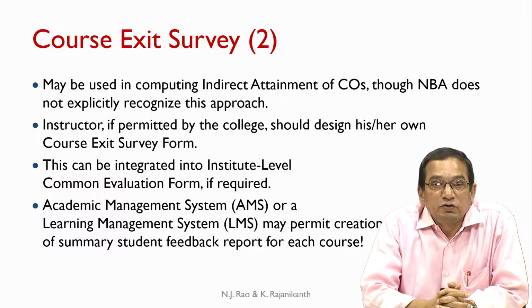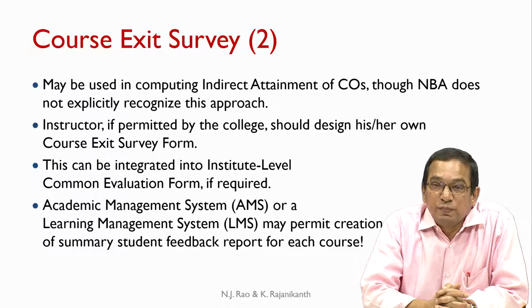And the course exit survey may also be used in computing indirect attainment of course outcomes. Though NBA itself does not explicitly recognize or mandate this approach, in the earlier module we have seen that when we compute the attainment of course outcomes, we can combine the value computed from direct approaches with the value computed indirectly, maybe in the ratio of 90-10.